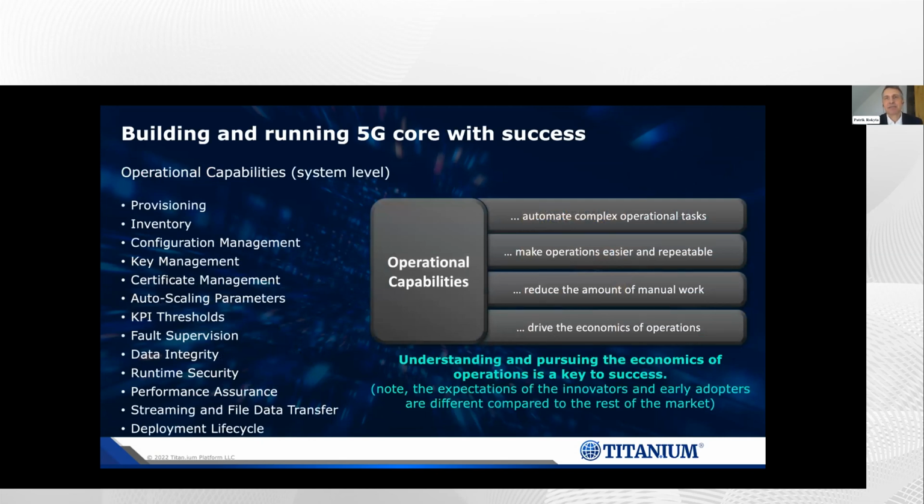The next slide elaborates on different aspects of the operations. I will not touch all of them. I just want to share my opinion that many of the gaps between the vendor's minimum viable product and the expectation of the market are revealed during the operations.